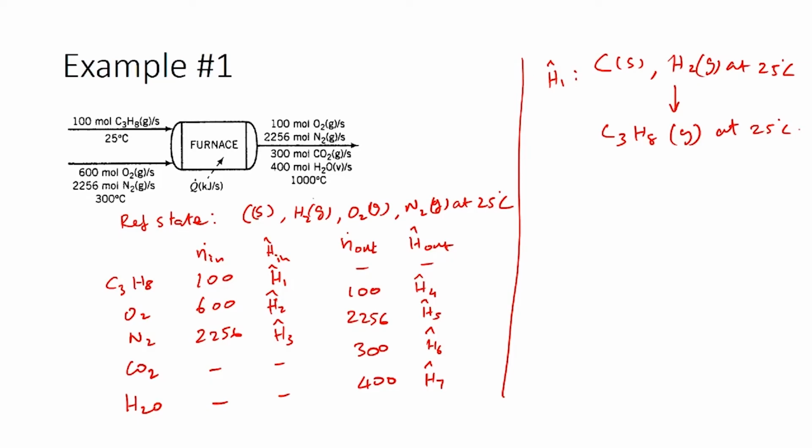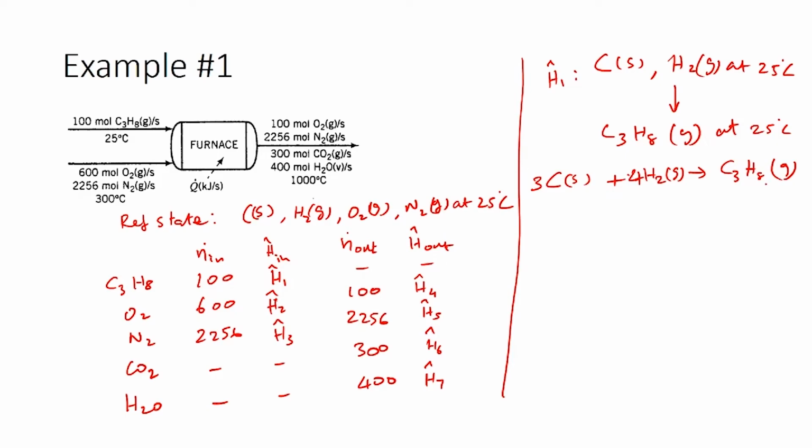So, this is nothing but the formation reaction, where carbon solid plus hydrogen gas forms C3H8 gas. If you were to balance the equation, 3 moles of carbon react with 4 moles of hydrogen to form 1 mole of propane.